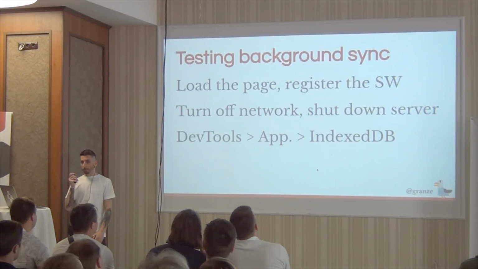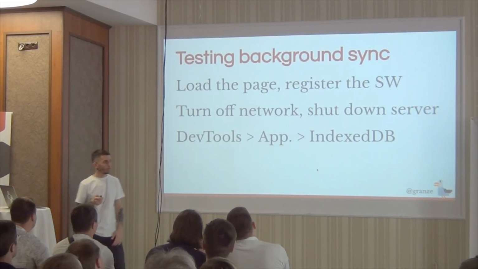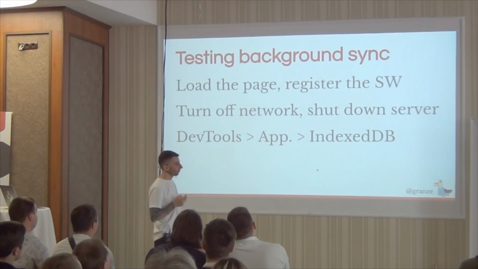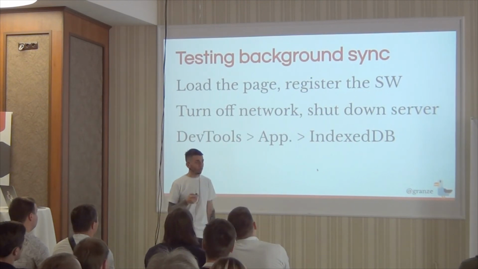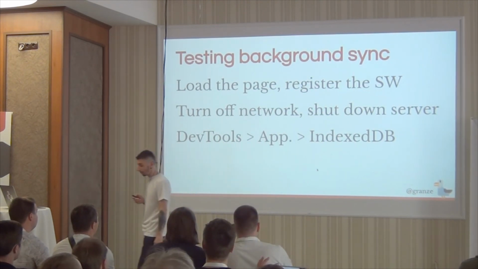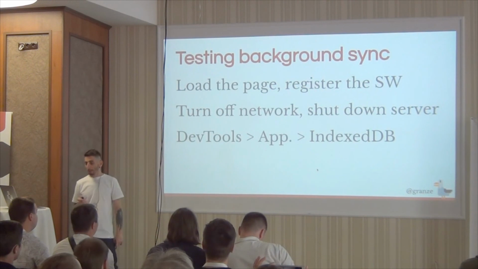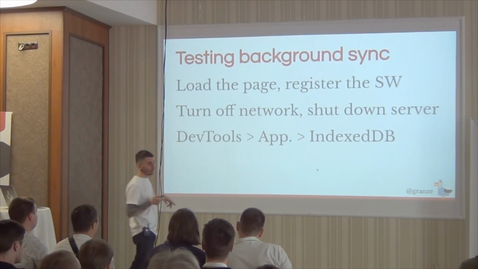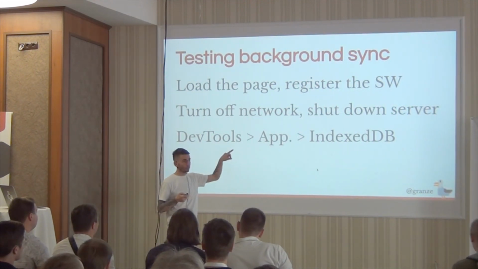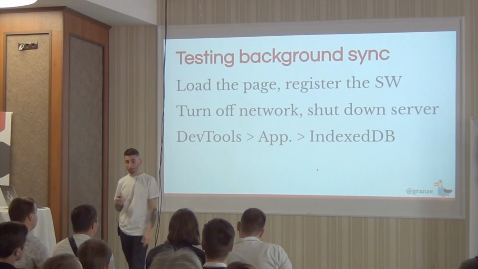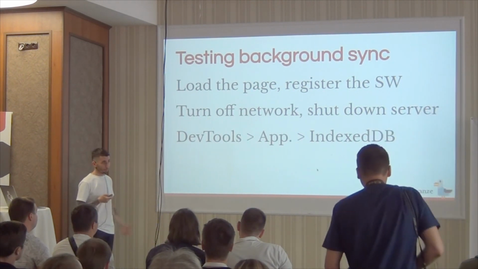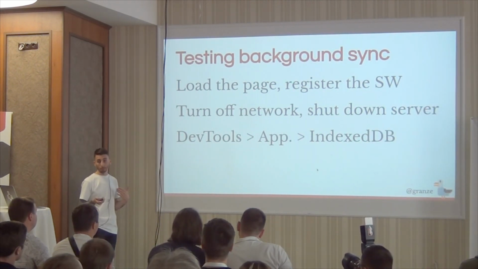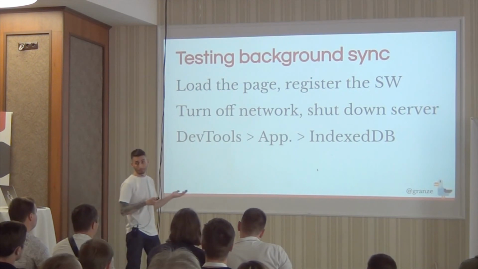So this is a tip, because I really spent a lot of time trying to debug background sync. I thought I just needed to turn off the network to try the background sync locally. But if you don't shut down your server, it will not work, because the service worker will still see your local server.